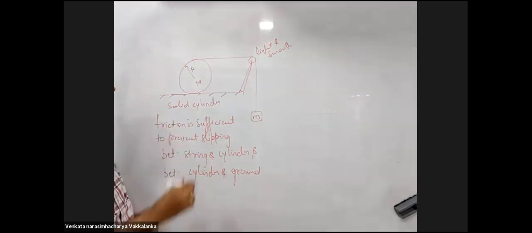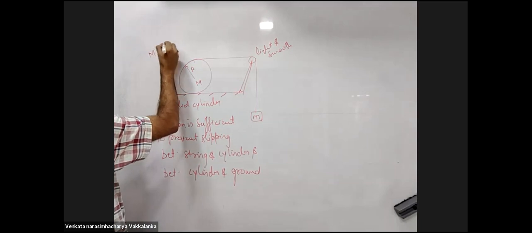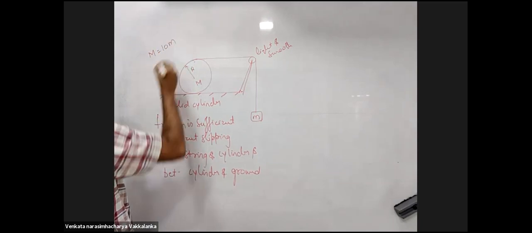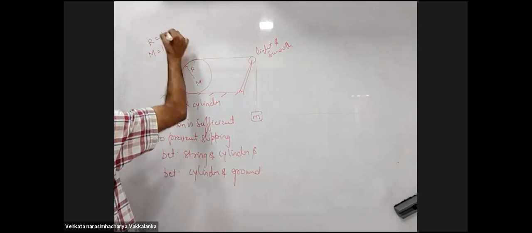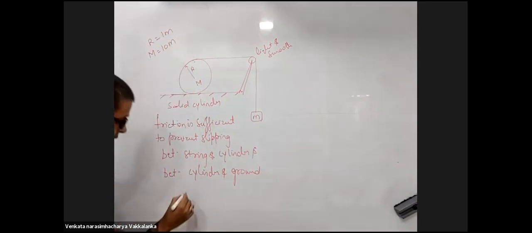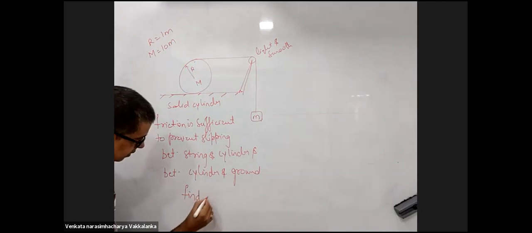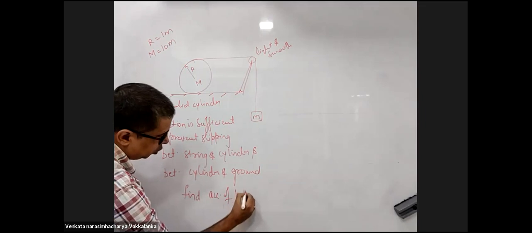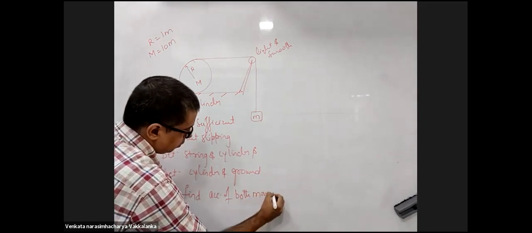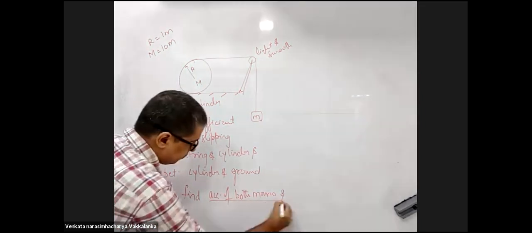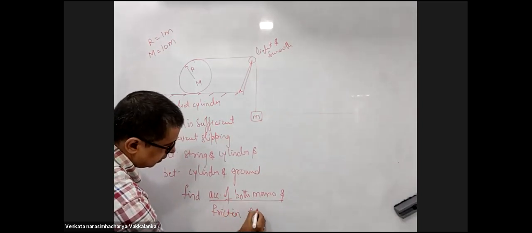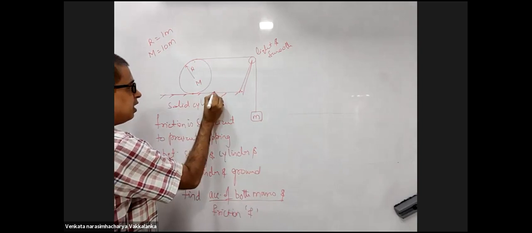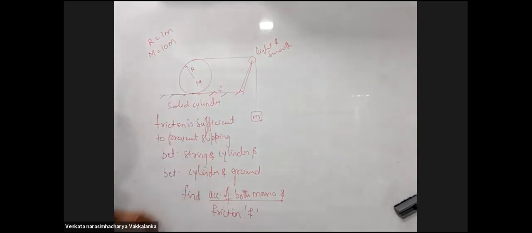This pulley is light and smooth. Capital M is 10 times small m. Capital R is 1 meter. Find acceleration of both masses and friction F. I'll take friction F in the forward direction.